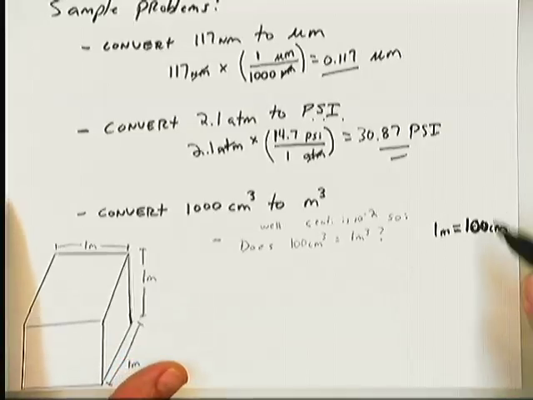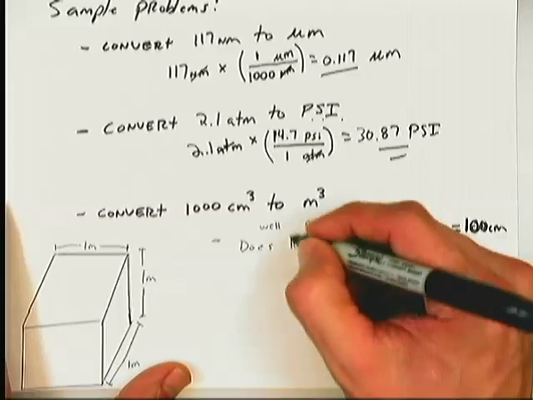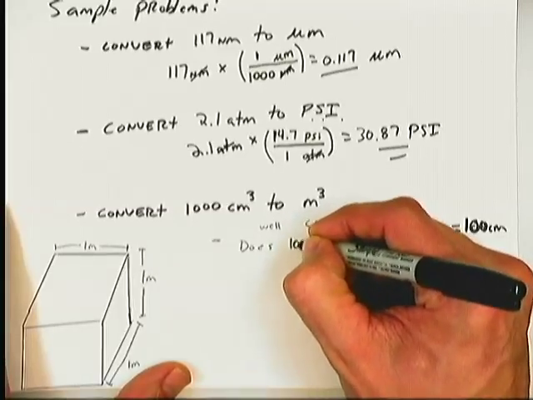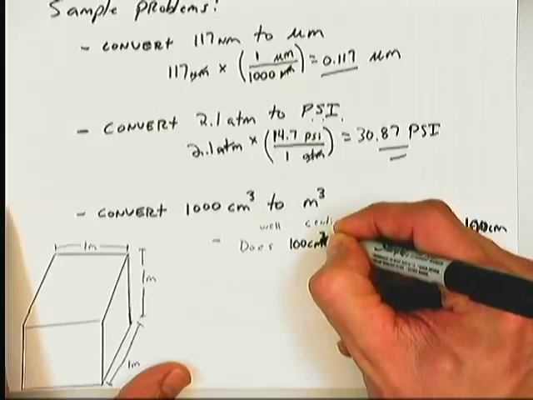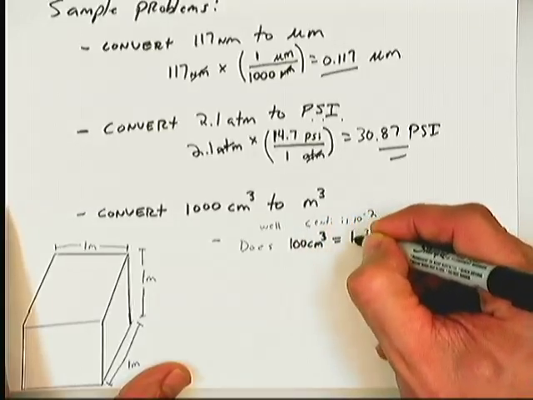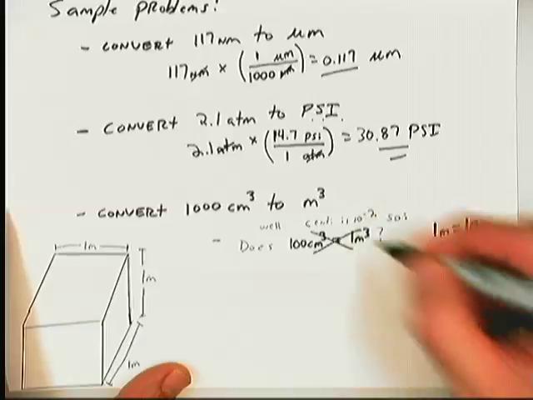So if that's the case, then a lot of people draw the conclusion pretty quickly that this must be true, that 100 centimeters cubed must also equal 1 meter cubed. Now it turns out that is not correct.